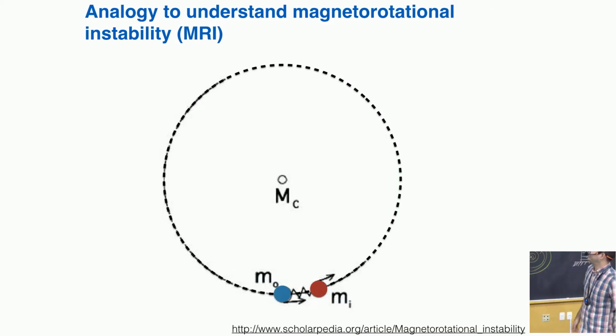There is a simple analogy, of course, this is a very simple analogy, it has some issues, but the simple idea is, imagine you have two fluid elements in your charged gas, and this is the metaphor here. You have two fluid elements and you have a spring connecting these fluid elements. The spring in our metaphor would be the weak magnetic field passing through the two fluid elements at slightly different radii in your disk.